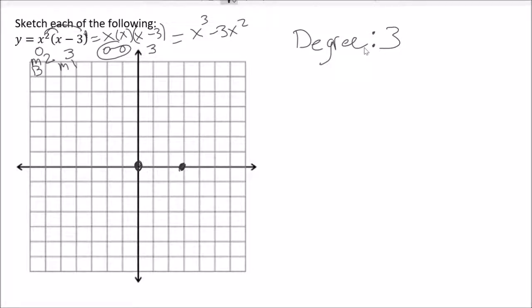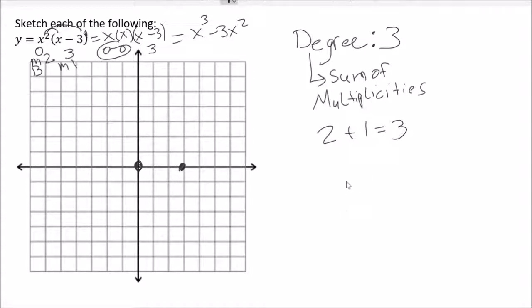Now there's another way to understand this, a shortcut when you have a factored form. The degree will always be the same as the sum of the multiplicities. Here's what I mean. If this multiplicity was 2 and that multiplicity was 1, 2 plus 1 is 3. Not a coincidence. That's always going to work.